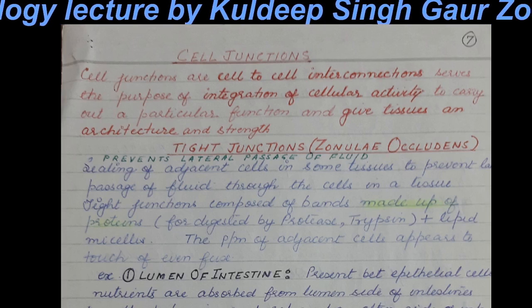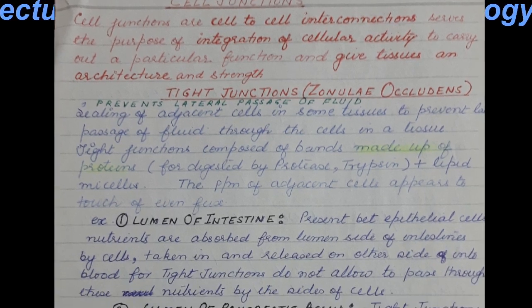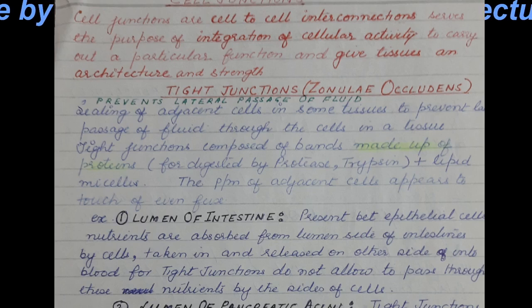The first kind of cell junction is called tight junctions, also called zonula occludens. They prevent the lateral passage of fluid, and they seal the cells and prevent the lateral passage of fluid through the cells in a tissue. They are composed of proteins and lipids.